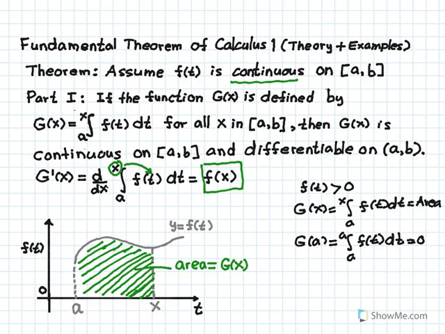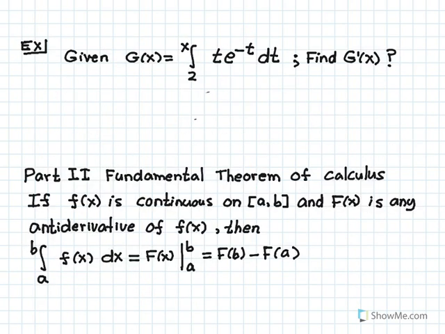If you change the upper limit x to b, we get G of b equal to the integral from a to b of f of t dt. This would be the area under the graph of f of t from a to b.